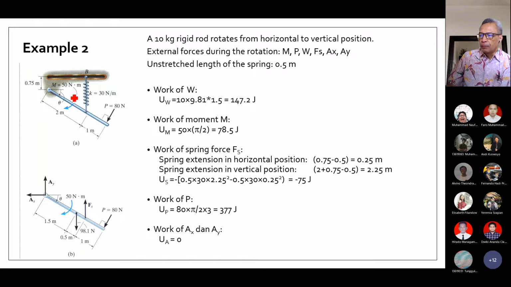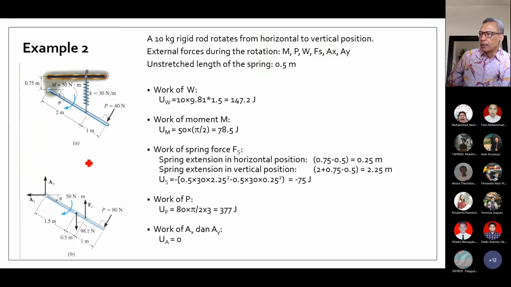Then when the bar reaches the vertical position, because this is 2 meters, the length of the spring will be 2 meters downward from the hinge plus 0.75, so the total length of the spring is 2.75 meters.